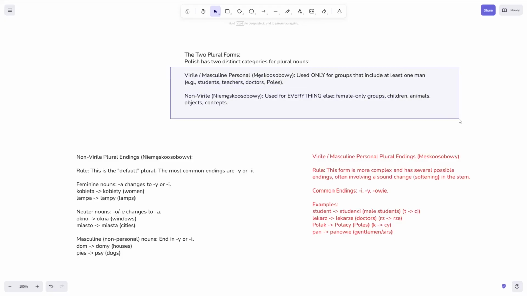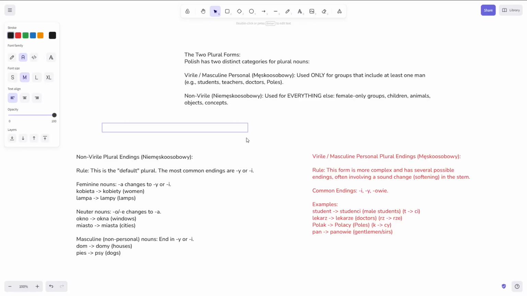Now, important. When we talk over here about genders, so for example, the groups that include one man, it is not the same thing as the feminine, neuter, or masculine gender of a noun. Okay? What do I mean by that?